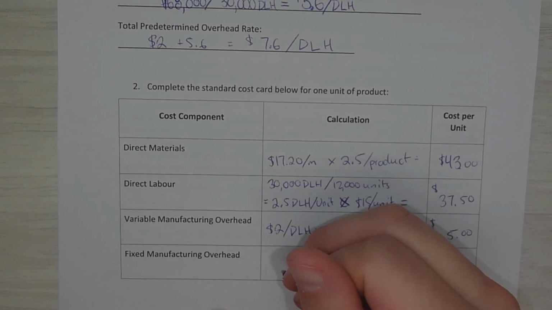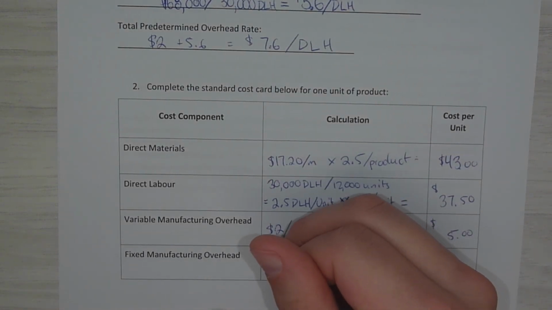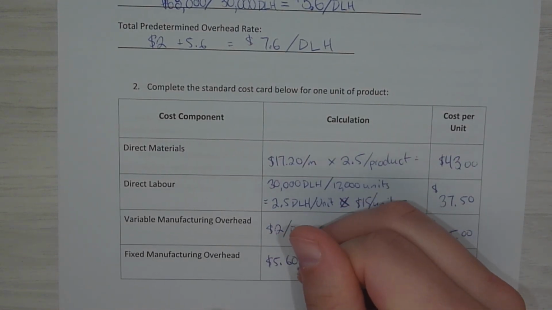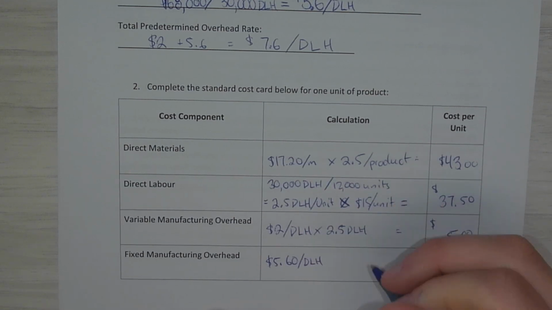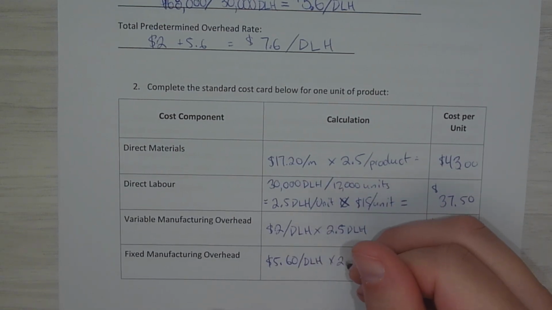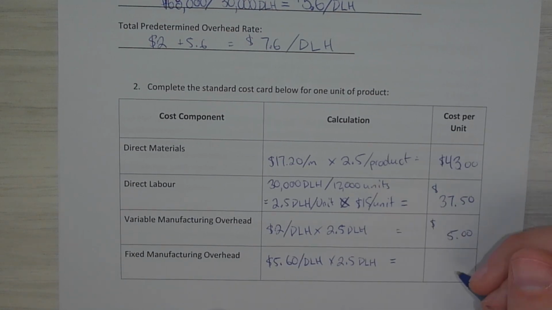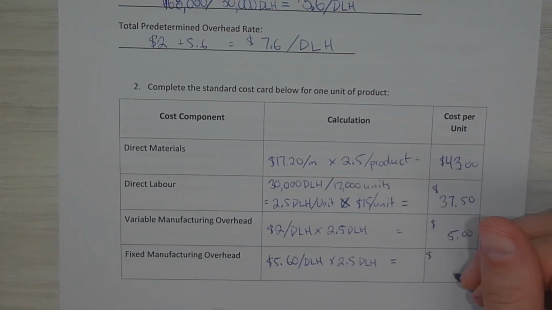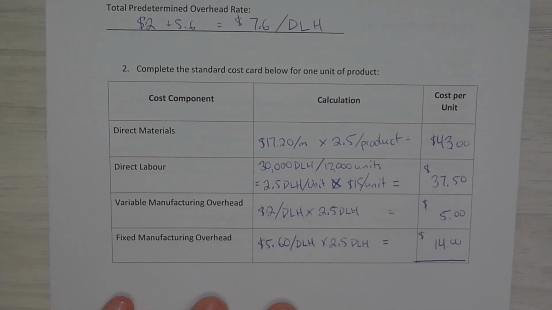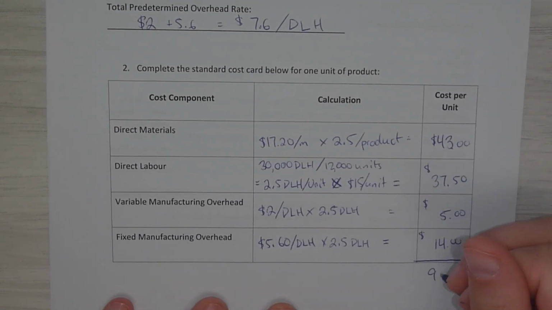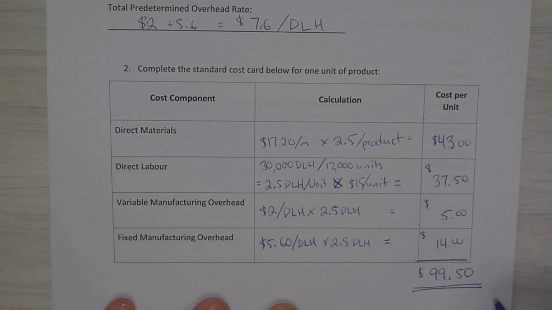And then finally our fixed, we know, is $5.60 per direct labor hour times the 2.5 required, which equals $14. When we add these up, we get a total of $99.50 per unit.